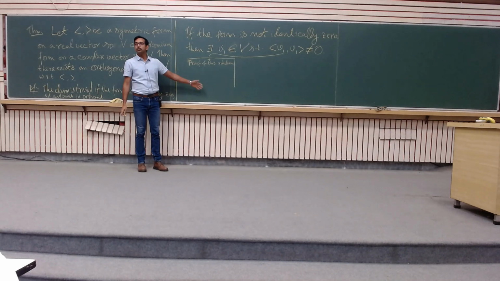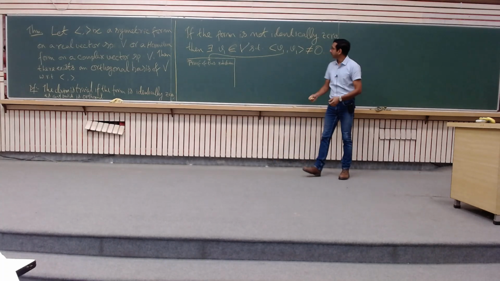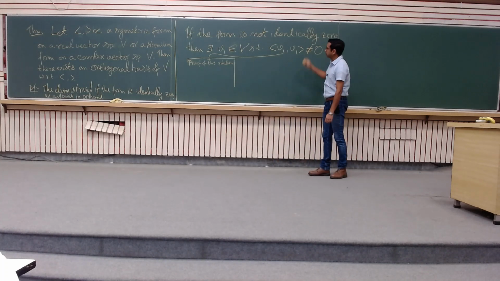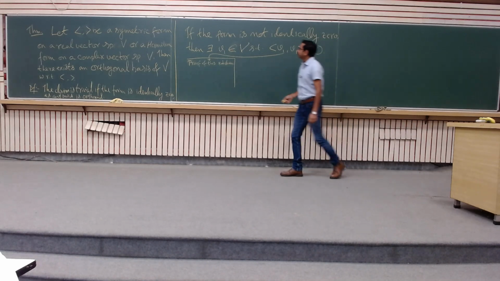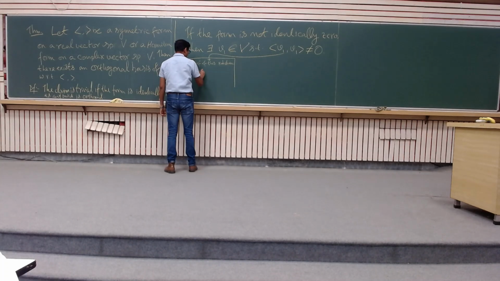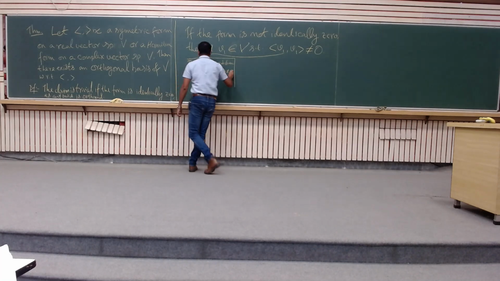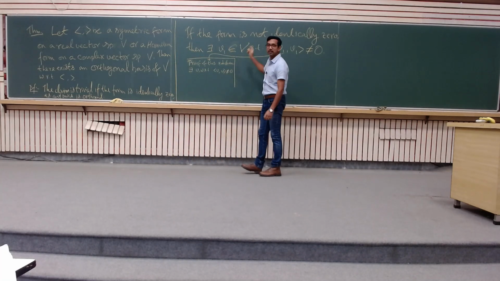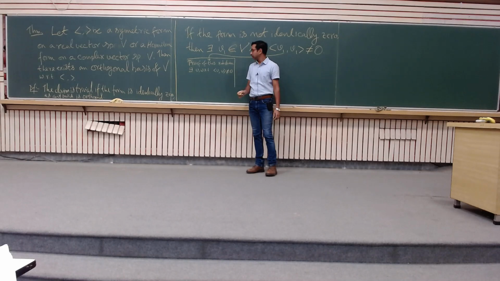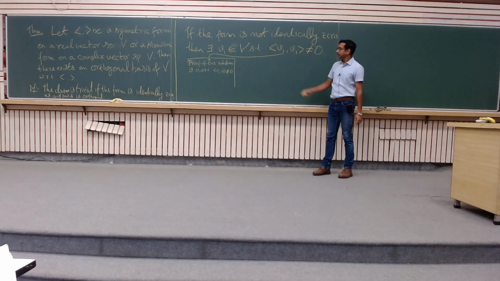That is, if the form is not identically 0, then there exist V and W such that V, W is not equal to 0, right? If it is not identically 0, at least for a pair of vectors it is not equal to 0. Now if V, V is non-zero you are done. If W, W is non-zero you are done.